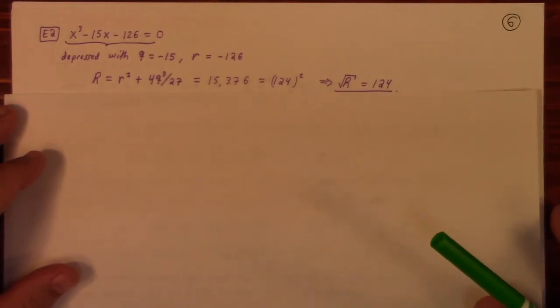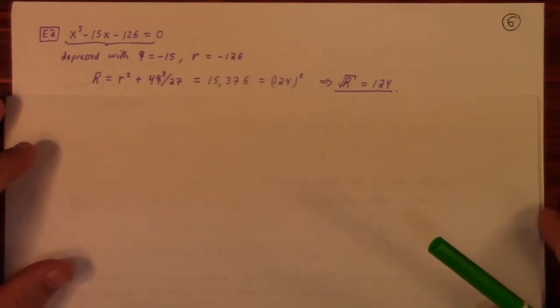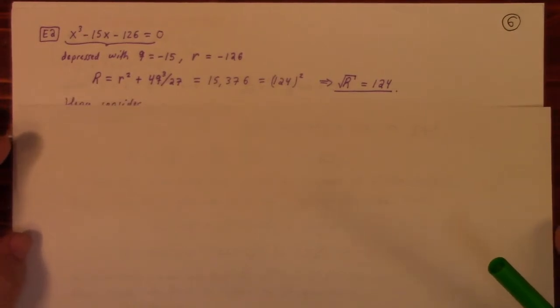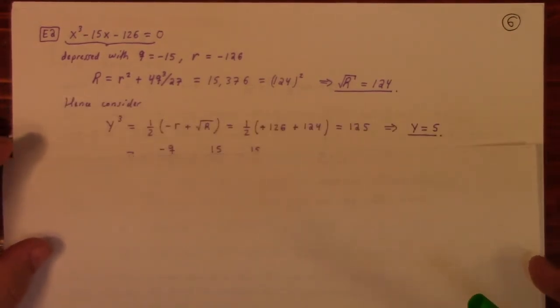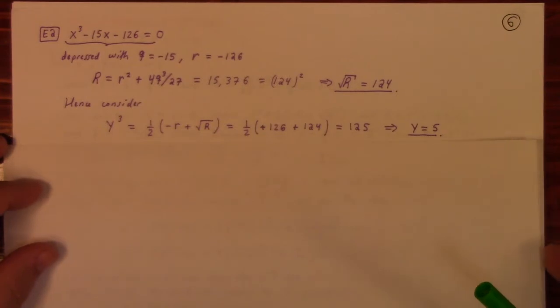So we calculate the big R, which is r squared plus 4q cubed over 27. We get 15,376, which is obviously 124 squared. Ha ha ha. The square root of R is 124 then. And so what we're facing with our y cubed equation, y cubed is 1/2 of minus r plus root R, which gives us 1/2 of 126 plus 124, which is 250 divided by 2 gives me 125.